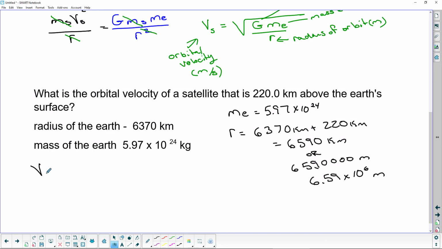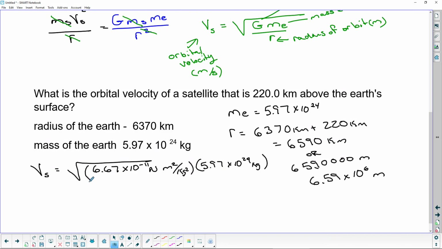So our orbital velocity is the square root of 6.67 times 10 to the negative 11 newtons per meter squared per kilogram squared, times the mass of the Earth, 5.97 times 10 to the 24 kilograms, divided by, this is all under the root sign, our radius here.